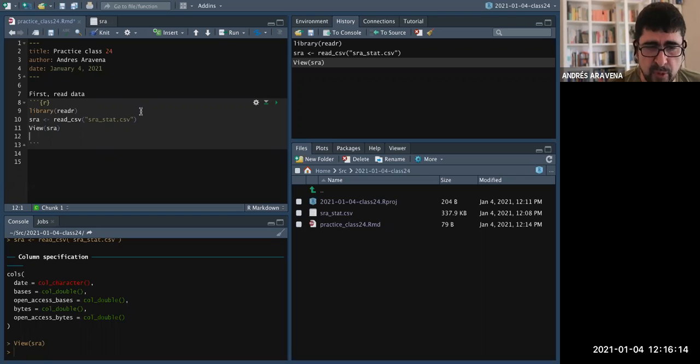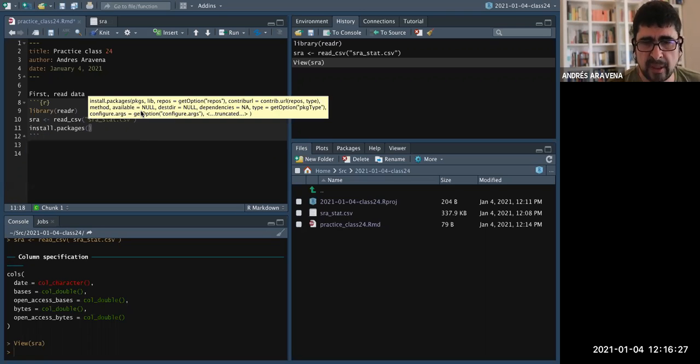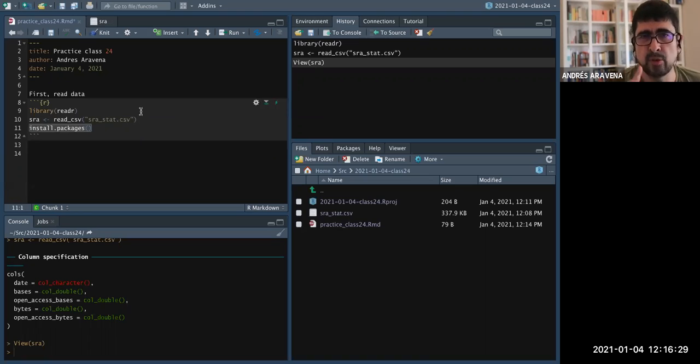You never put view, and you never put install packages. These two commands should never be in an RMD.